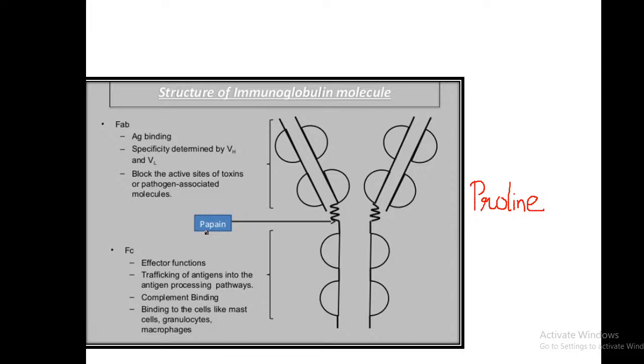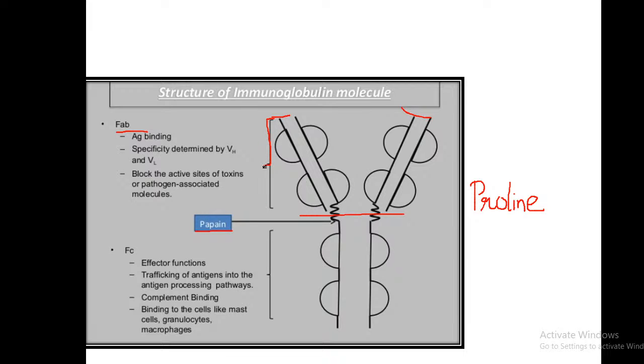Then, when the antibody is subjected to papain, it is separated into two parts, that is FAB, the antigen binding region, and FC. FAB is the antigen binding site.